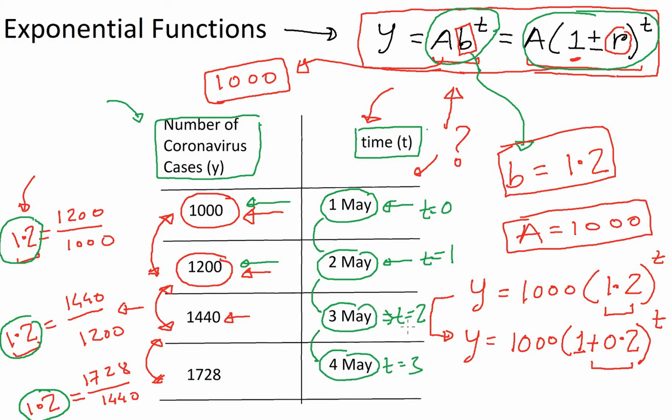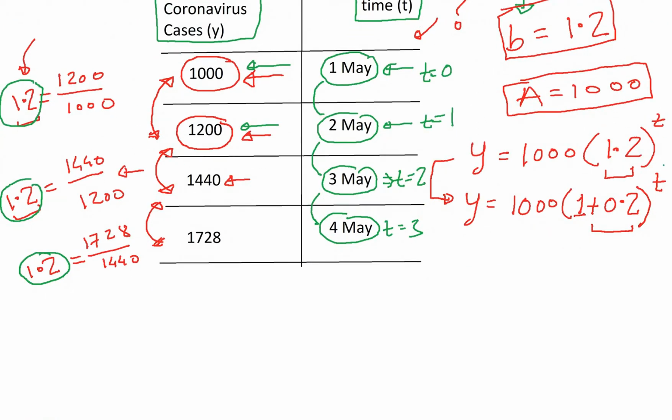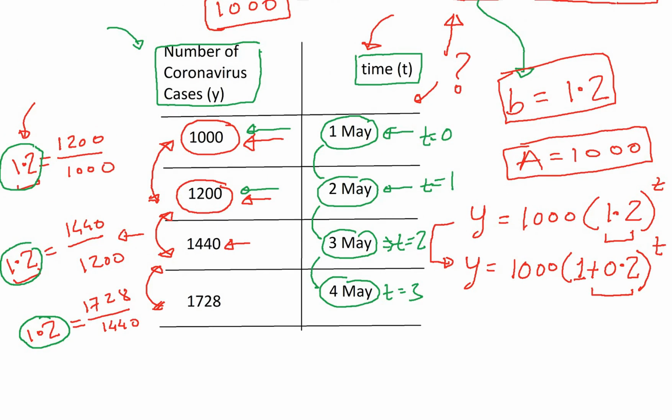Anyways, that is how we can apply exponential functions to analyze different sets of data. Now one question might arise: what's the benefit, what's the application of the exponential function? After we have found the exponential function, how can we use it?